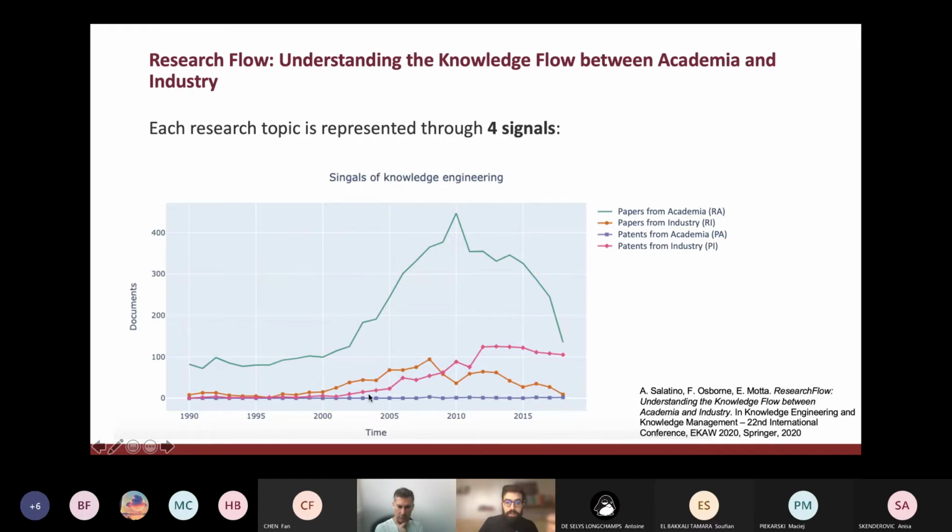You can see that the patents from industry are growing over time in knowledge engineering compared to the number of papers by industry. So this is just a chart overview of the data, and we can see how topics evolve over time according to these 4 signals.